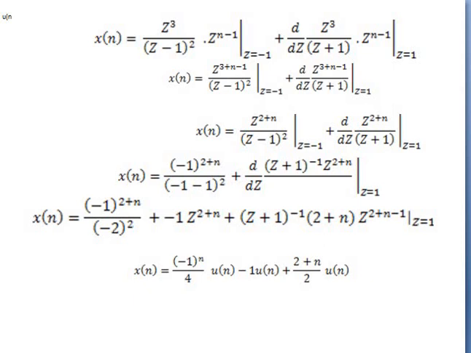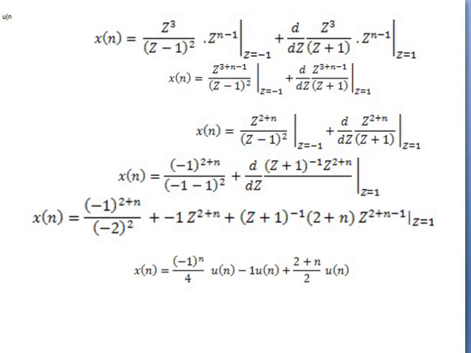And simplifying this, we are getting z power 3 plus n minus 1 divided by z minus 1 the whole square, z equal to minus 1, and plus d by dz of z power 3 plus n minus 1 by z plus 1, z equal to 1. So z power 3 minus 1 is 2. So z power 2 plus n by z minus 1 the whole square, z equal to 1, plus d by dz of z power 2 plus n by z plus 1, z equal to 1.